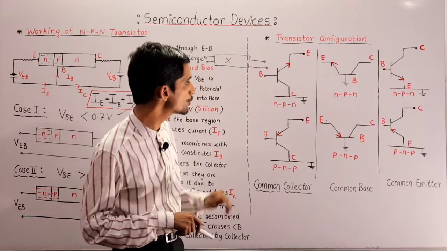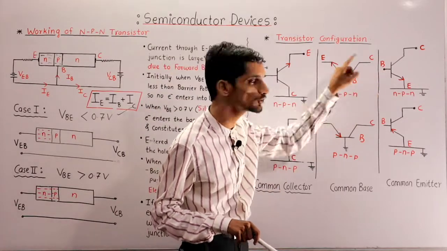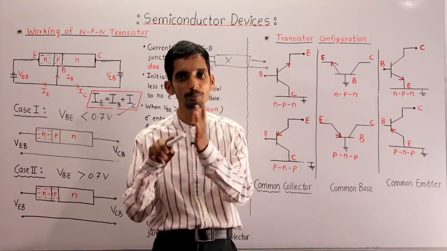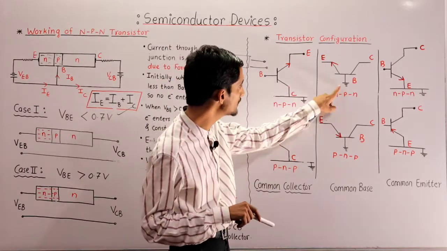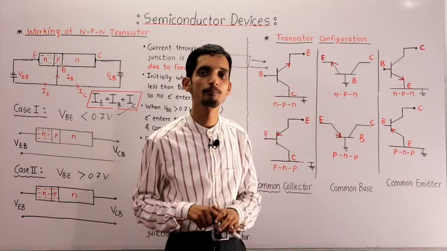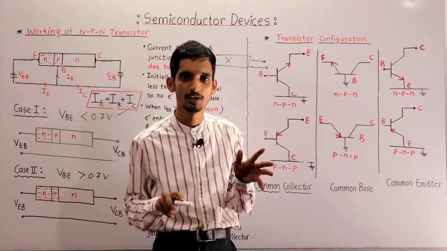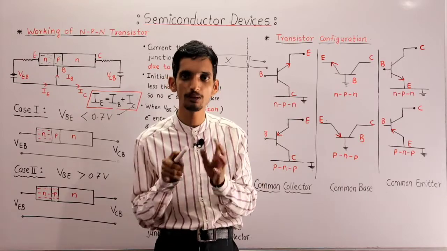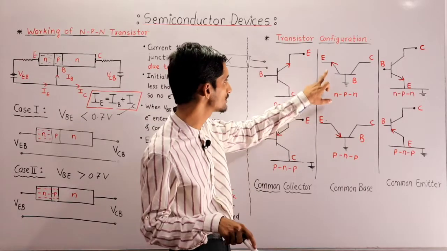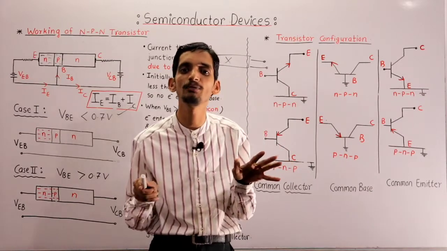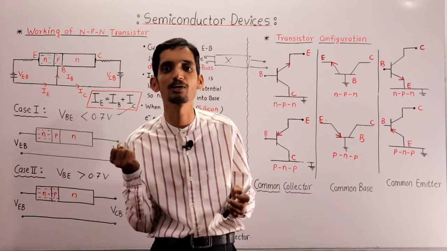Now suppose we make the base of the transistor common. In that case it is common base configuration. As the base is common, the major task is to identify the input current and output current. Base is common, so eliminate the base. The remaining terminals are emitter and collector, out of which the collector cannot be the input current because it collects the electrons.